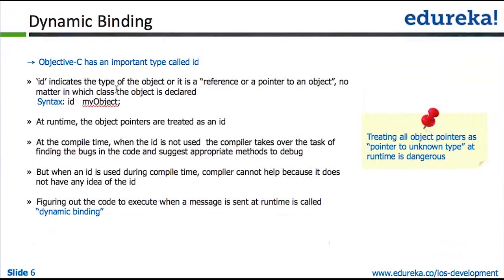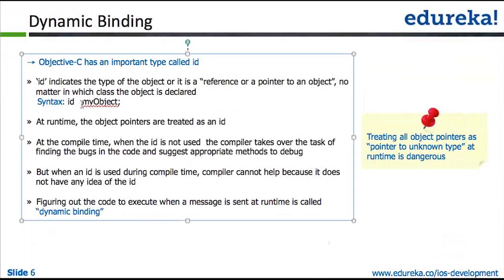Now dynamic binding is very useful, but it also has its own pitfalls. Basically, id indicates the type of the object, or it's a reference or a pointer to an object. If you would have noticed, there's no asterisk here. This is because id has already been defined as a pointer variable, so you do not go ahead and again notify it as a pointer using an asterisk.